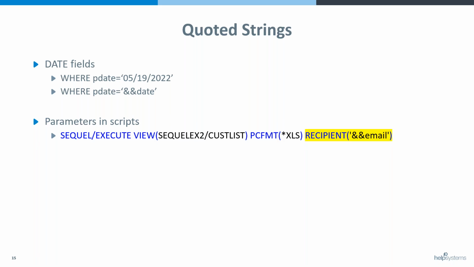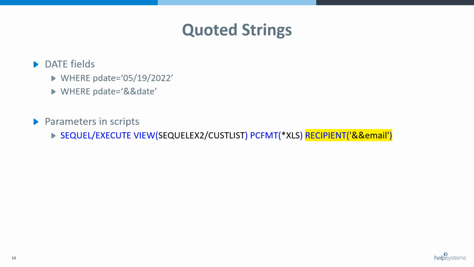It has to match a date format, and it has to have quotes. Without the quotes, we would treat that as a numeric value, and we would actually do 5 divided by 19 divided by 2022. That's why you put the quotes on there. The minute you turn that into a variable, we have to use 2 ampersands to ensure substitution.